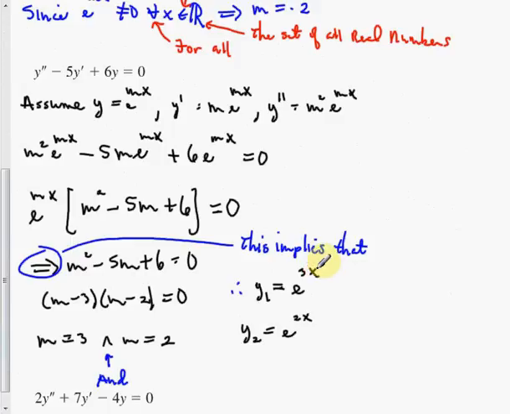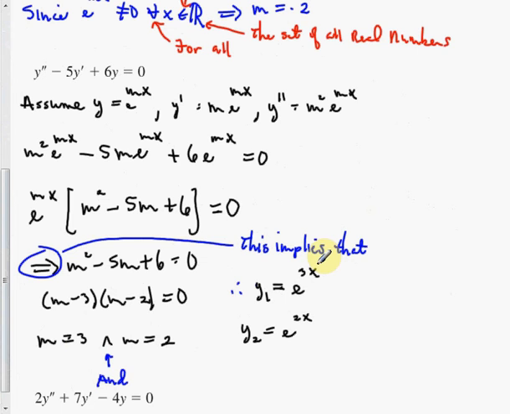Okay. All righty. So I think you understand that. Basically all we're doing is just verifying the solution. They give you the solution type. Can you find the solution based on the solution type?